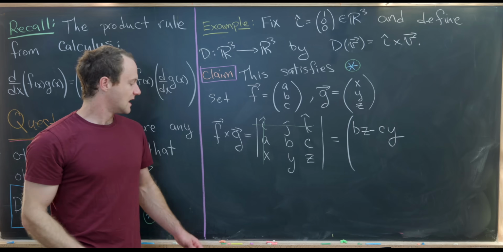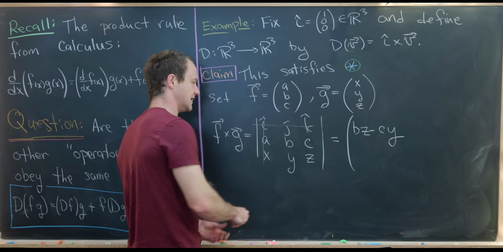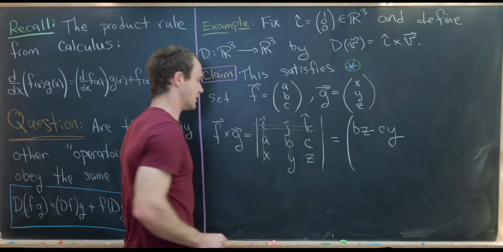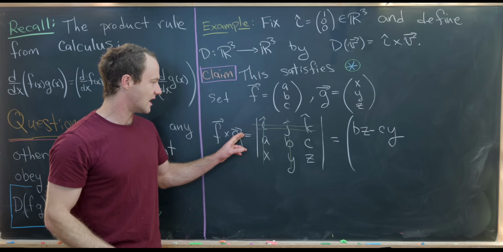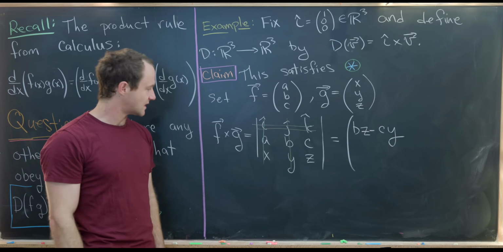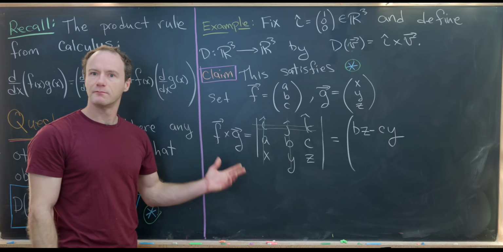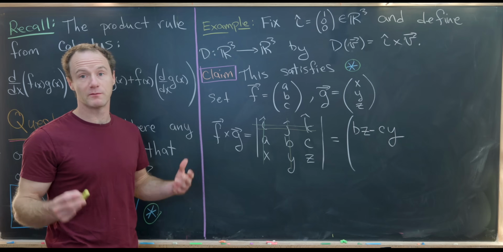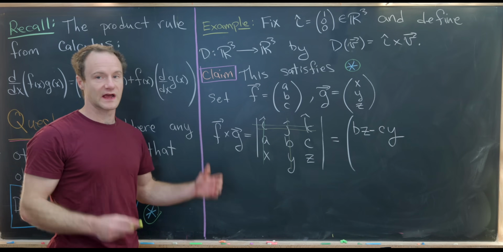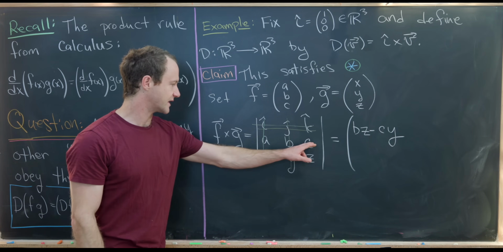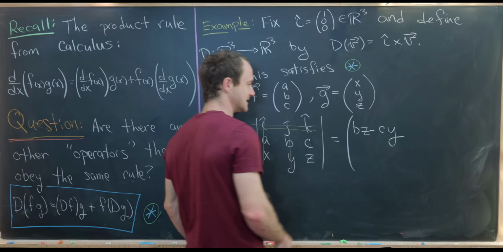Okay, good. And then let's see what our j component is. Our j component is related to the determinant of the 2x2 submatrix coming from crossing out the first row and the second column, but we're off by a sign here if you remember the rule for calculating the cross product. So we will get cx minus az.